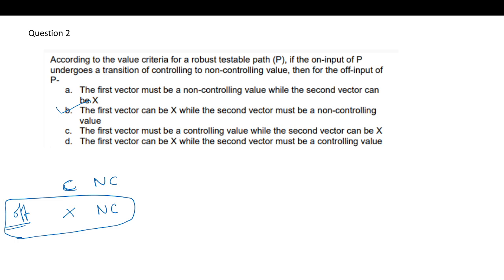The first vector is a controlling value from our on-path, so it's already a controlling value. If any gate input has a controlling value, the output will be that controlling value only. So this can be any value.